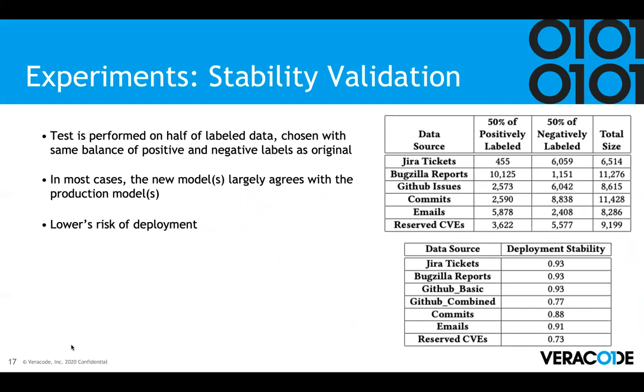In that case, even if the precision recall curve for the new model is better, but deployment stability is low, we decided not to deploy the new model. So this metric helps us decide whether we should actually go ahead with the new model, especially if the performance improvement on precision recall is not that high.